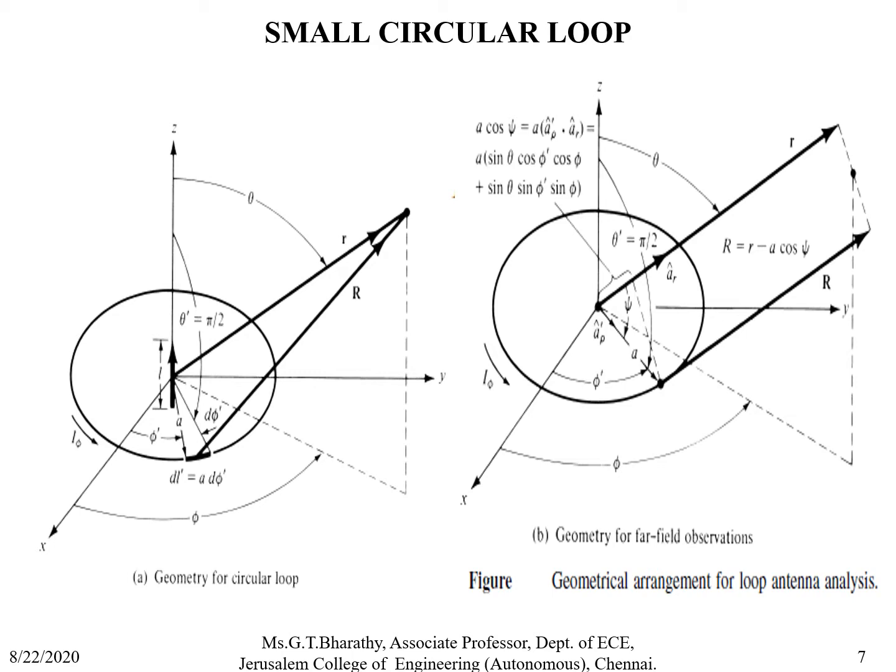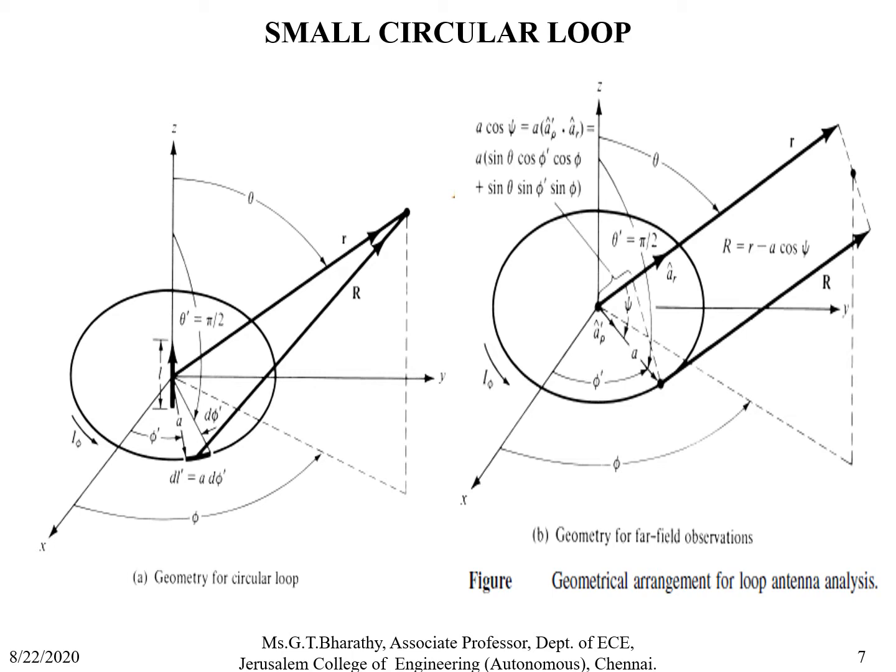The total field radiated by this small circular loop antenna is calculated by finding the field radiated by a small infinitesimal part of the continuous loop, which is represented here as dl dash, equal to a d psi dash. Theta dash is equal to pi by 2, and we have the angles represented as phi and theta.